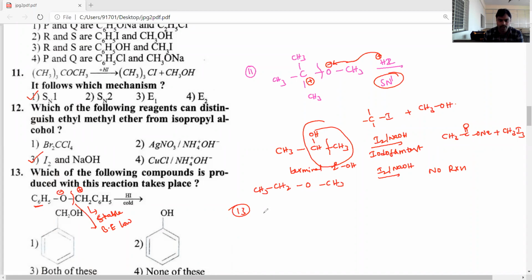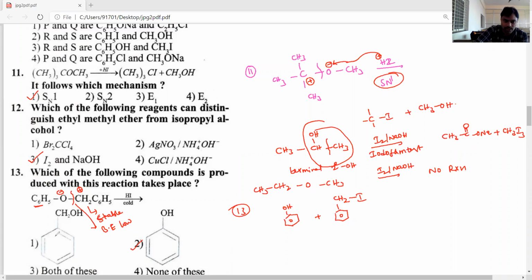That's why the resultant products are C6H5OH, phenol, plus, sorry, benzyl iodide, C6H5CH2I. So the answer is only the second option.